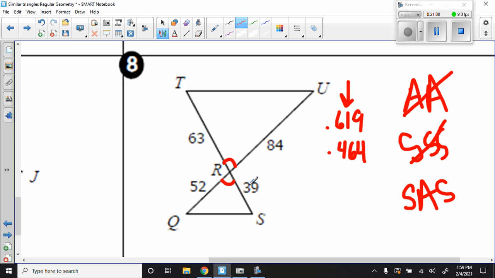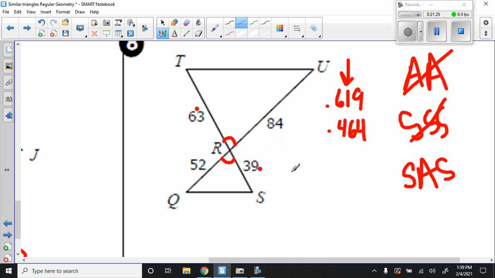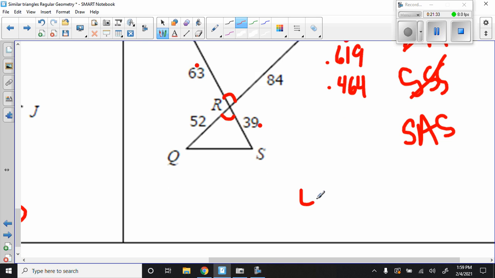Let's make sure and see if 39 on top of 63 is 0.619, then we have a similarity. So 52 on top of 84 is 0.619. Is that true about 39 over 63? It is. Because 0.619 pops up twice, this is a yes. And that's tough. It's SAS.